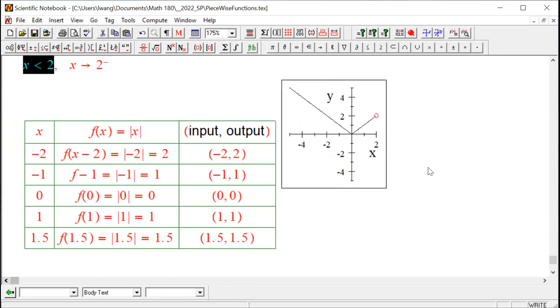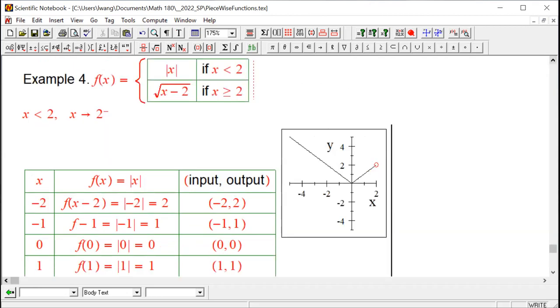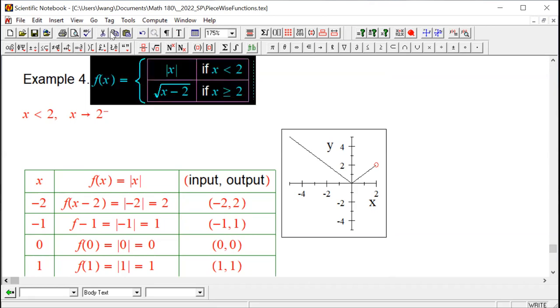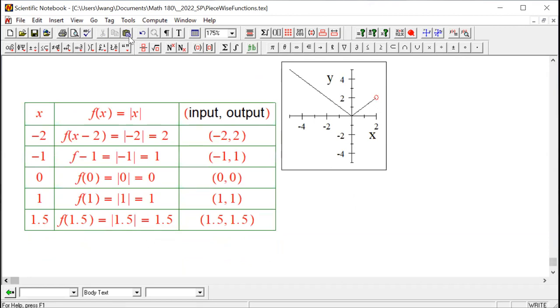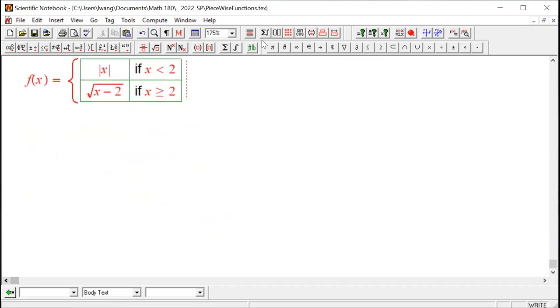How about x greater than or equal to 2, which is the other piece? So now we're graphing the other piece.